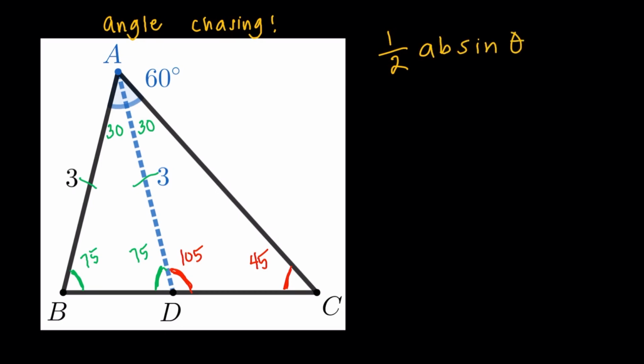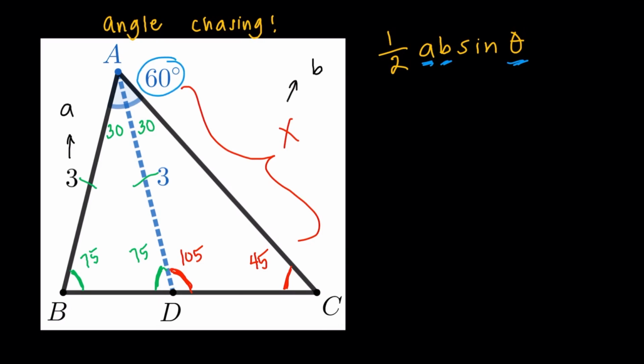We just need two side lengths and the angle between them. In this case, our goal is to get what AC is. I'll call this X, and make this 3 to be the A, this X to be the B, and theta to be 60 degrees, and I could use this formula for the area of the triangle.